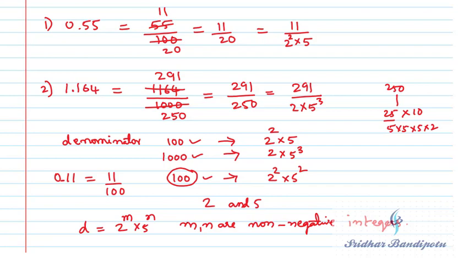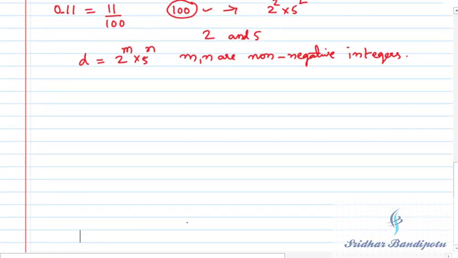Okay, now let's see some more examples and tell me whether it is a terminating decimal or non-terminating repeating decimal. So 17 by 2 square into 3 into 5 square. I said the denominator should be in the form of 2 to the power of m into 5 to the power of n. But here 3 is the extra prime factor in the denominator.